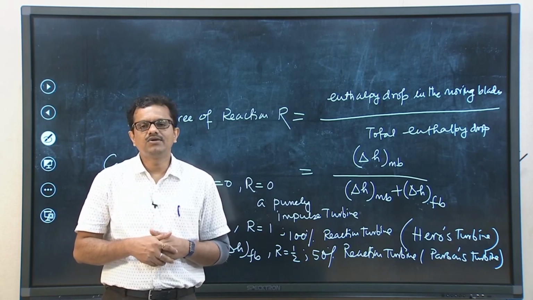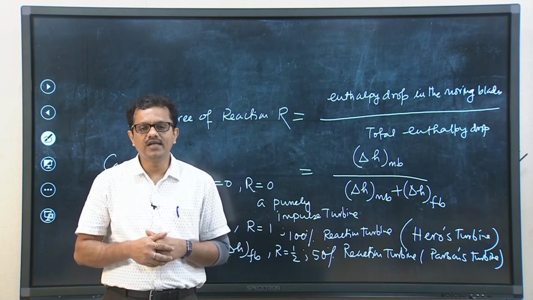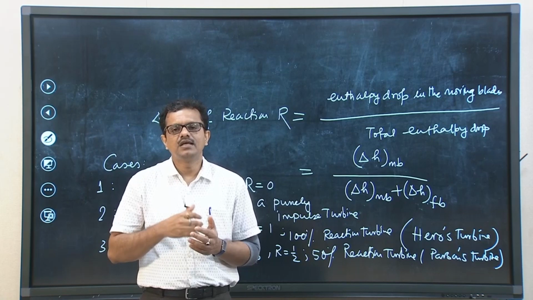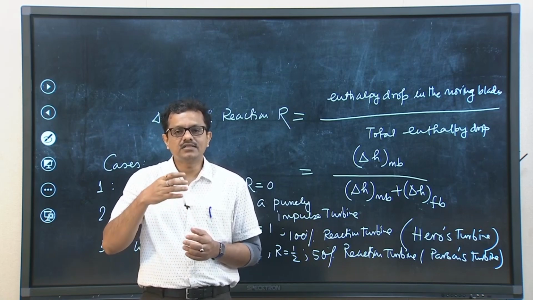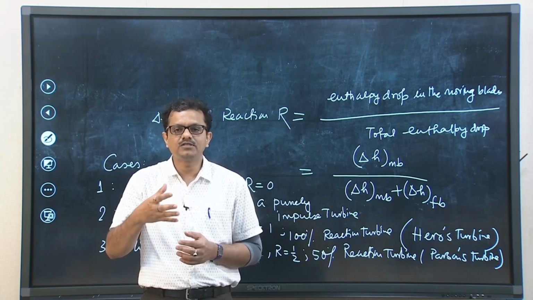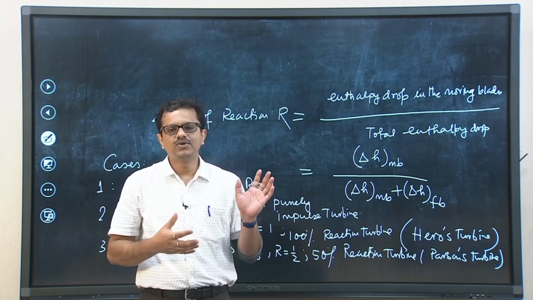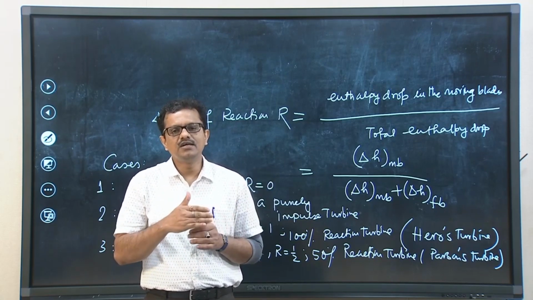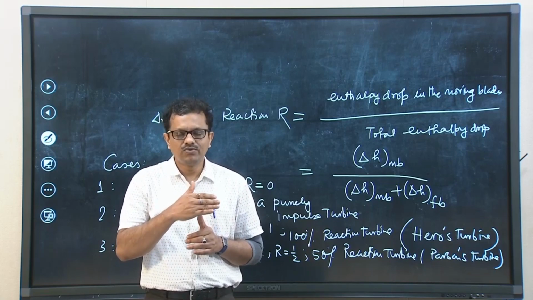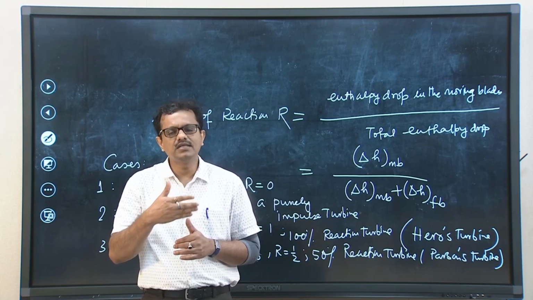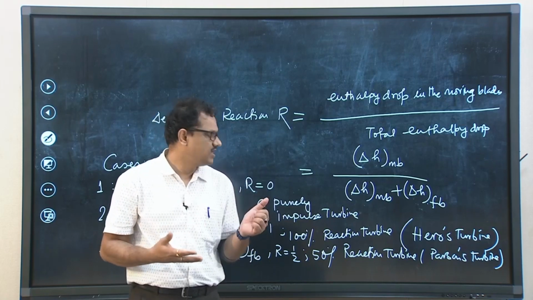And finally, in the context of reaction turbine, we could define one particular term, that is called degree of reaction, which in a sense gives us the extent of reaction force that would be responsible for the rotation of the wheel, and we had taken 3 different cases.